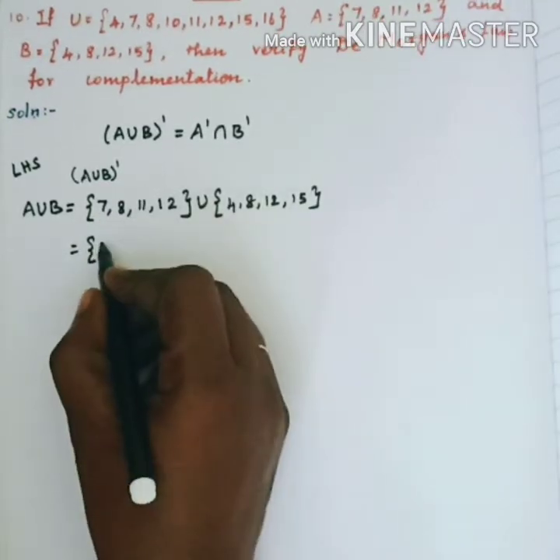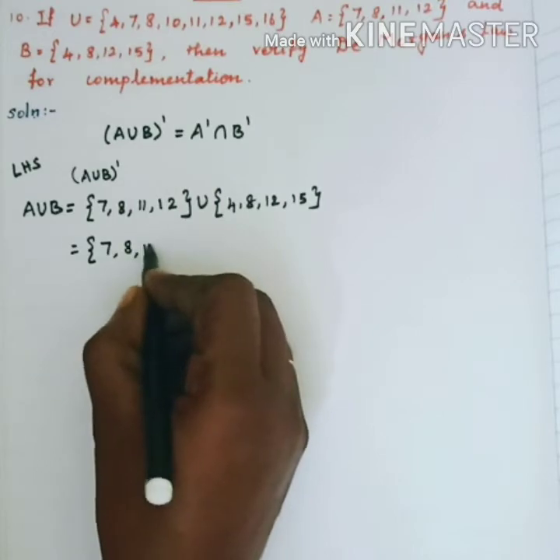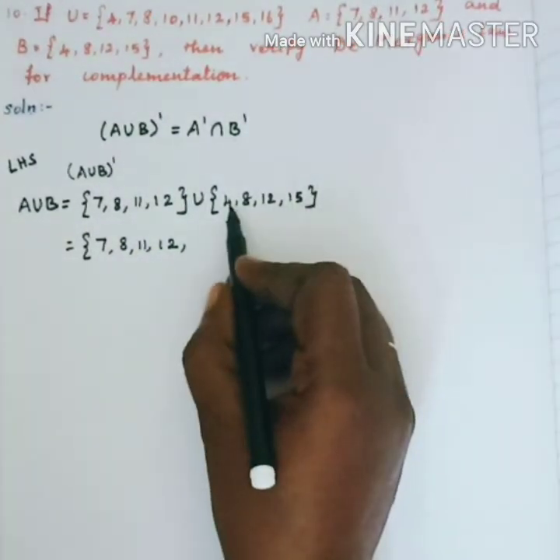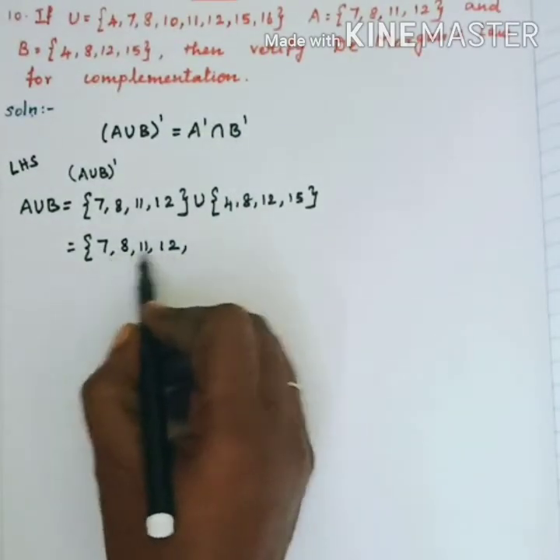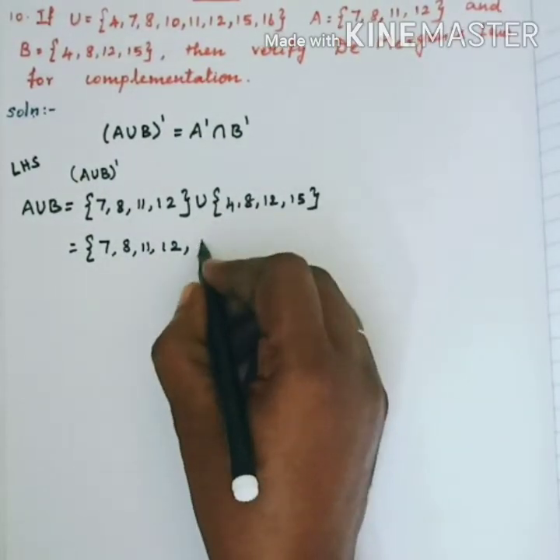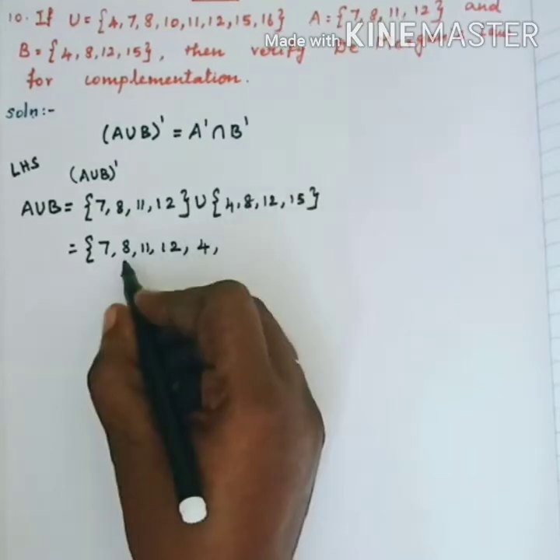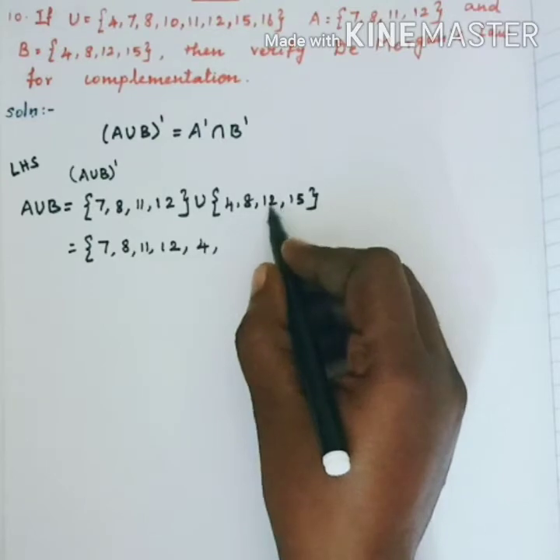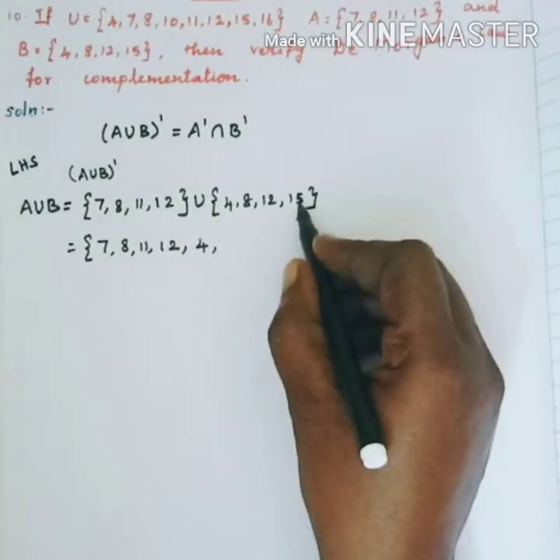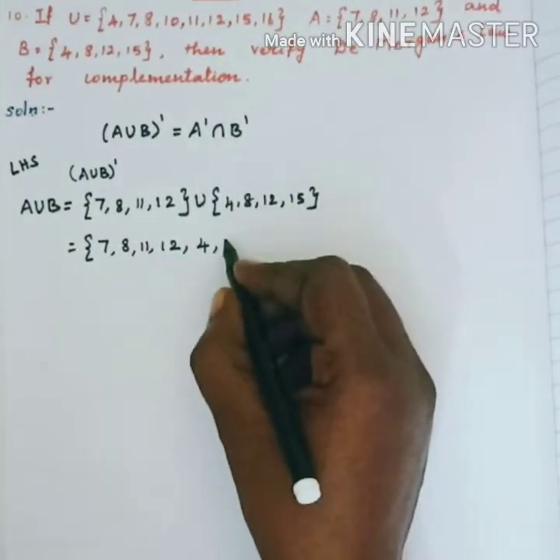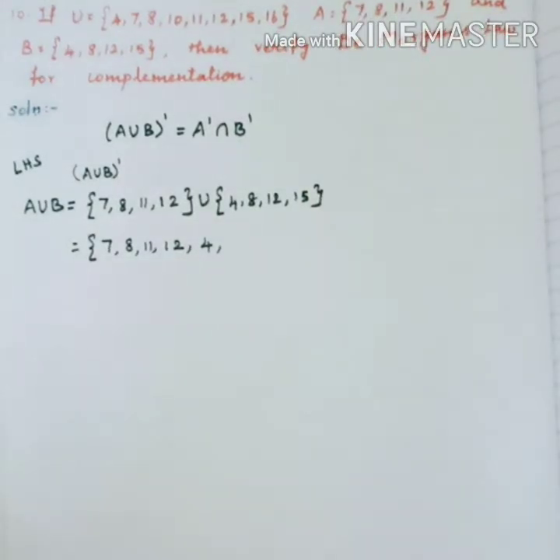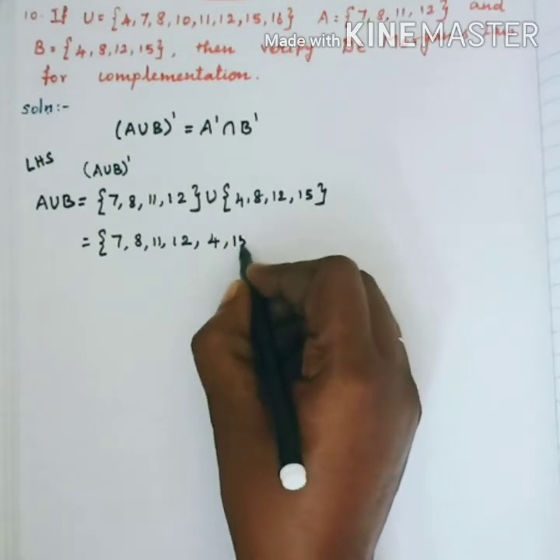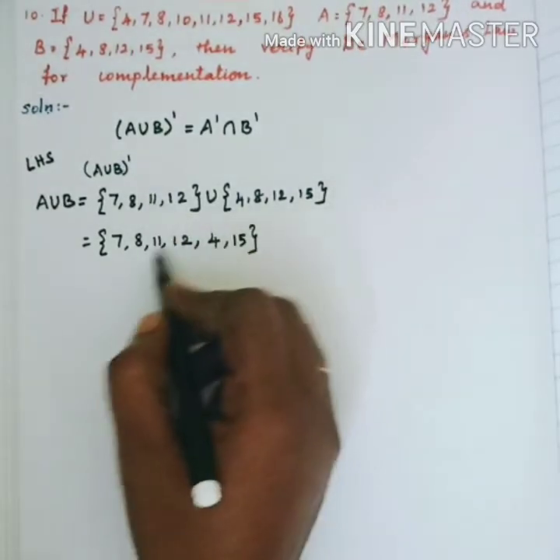The elements of the second set: 4 we didn't write here, so include 4. 8 we already wrote, so no need to write it again. 12 we already wrote. 15 we didn't write, so include 15.